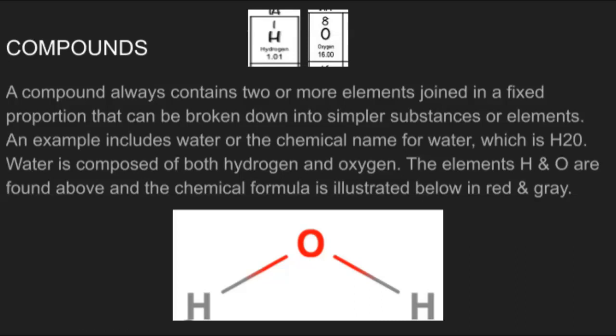You'll notice that hydrogen at the top from our periodic table and oxygen are both included in this compound. Technically, it's two hydrogens for every one oxygen. And the illustration at the bottom in gray and red on the white background is the chemical formula. So this is something we'll be looking at very soon.